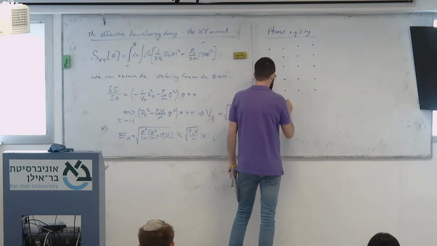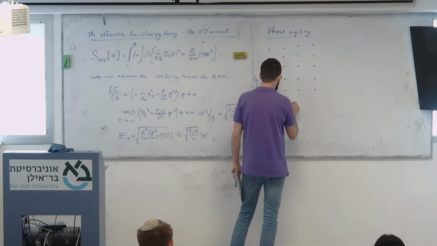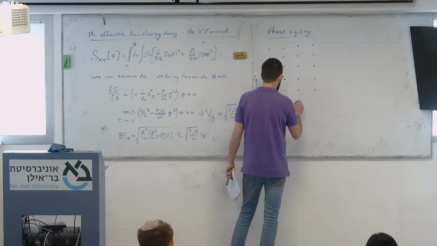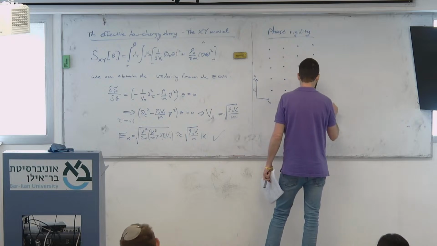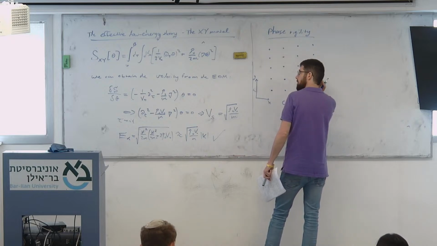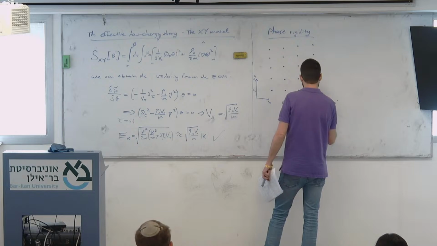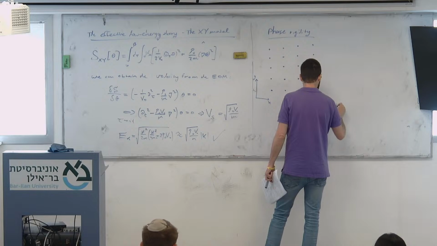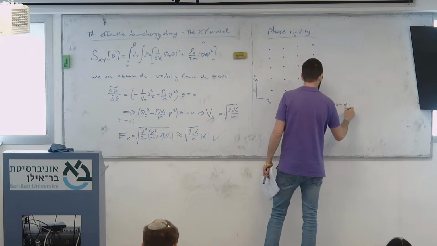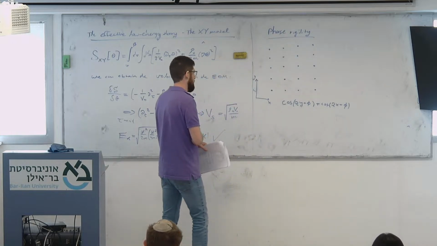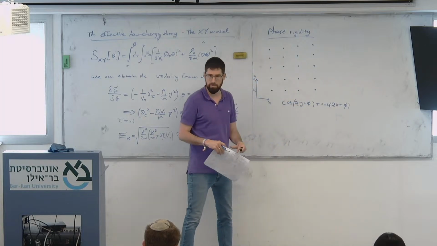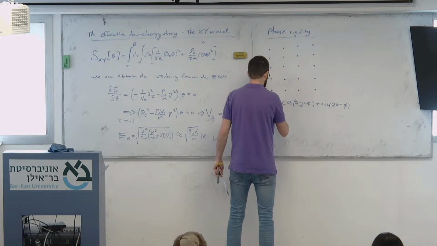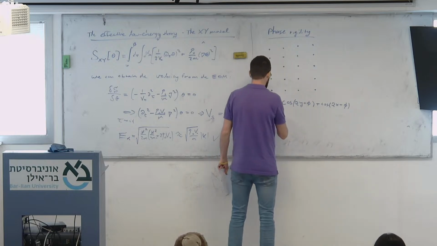So I can describe this crystal with something like a cosine of qy plus some phi, times cosine of qx plus phi. So my density could be something like this. So q is an integer, right? q is the wavelength.